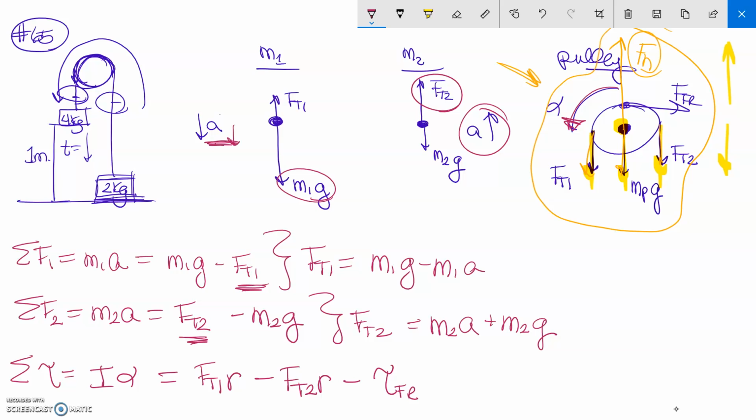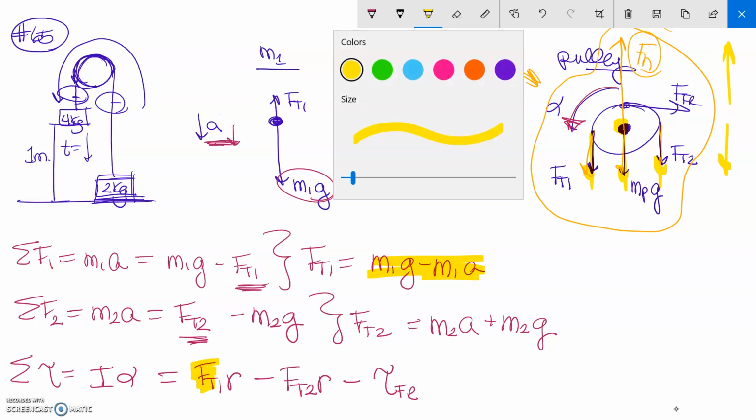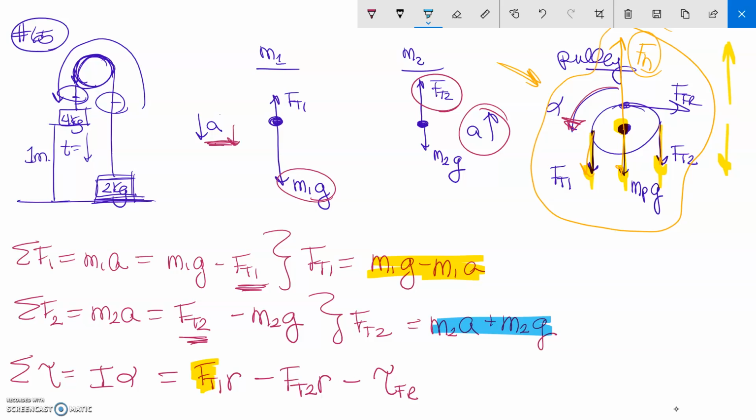And I'm going to plug this in for this. Now I'm going to plug this in for this. And I'm going to figure out what I is based on some variables. So I'm going to start a new page of this.